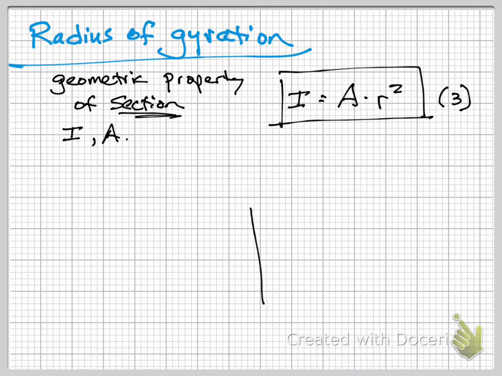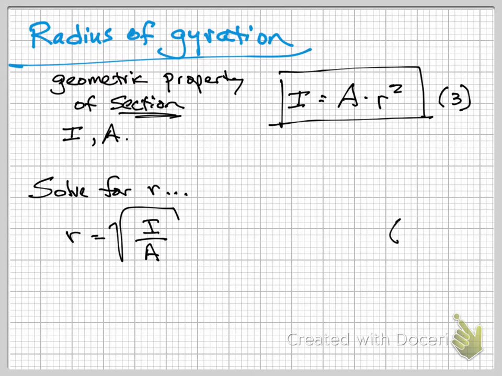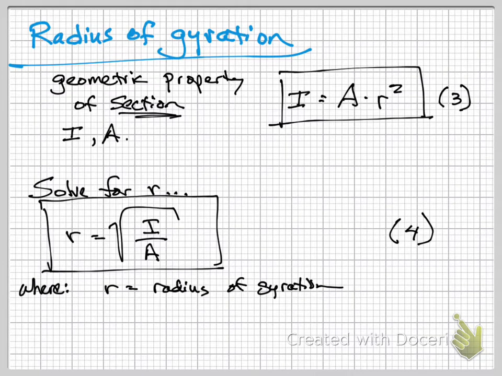And if we go ahead and solve for R, we can get R is the square root of I over A. And this will be our equation 4. Okay, I'll write out the units, where R is the radius of gyration, I is the moment of inertia.